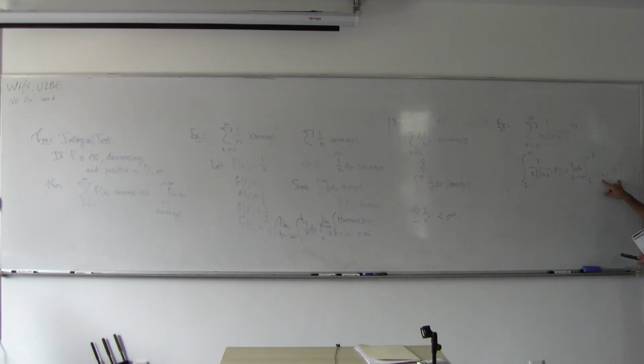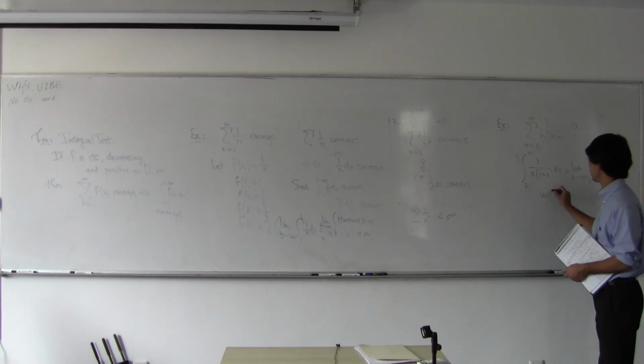But how do you integrate this? So you've got 1 over x, 1 over natural log of x. Somebody tell me how to integrate it. Those of you who have been in this course.